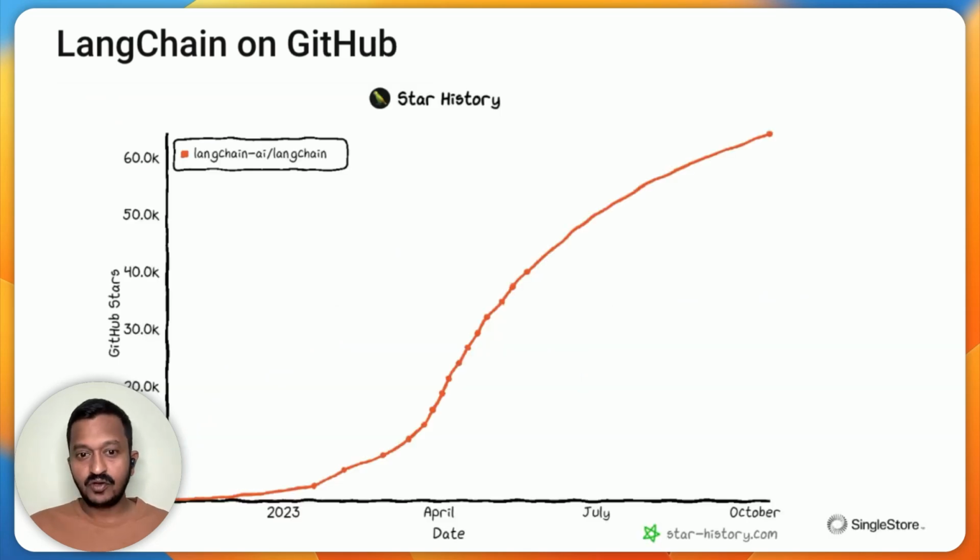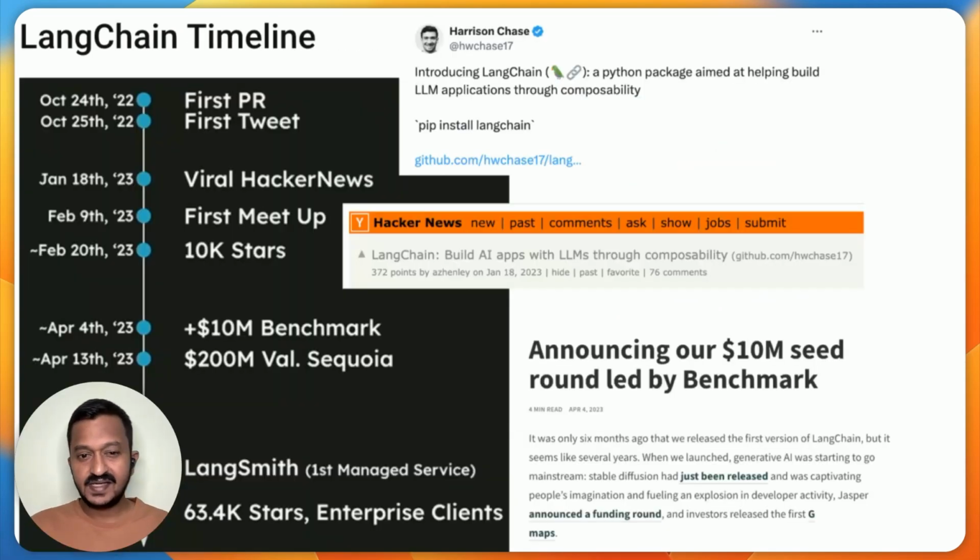And this is the growth of LangChain on GitHub. It is again growing up and above, and yeah, this is a simple LangChain timeline, right? As you can see, the first PR came out on October 24, 2022, and then on October 25th, the first tweet went viral by Harrison Chase. He says, introducing LangChain, a Python package aimed at helping build LLM applications through composability.